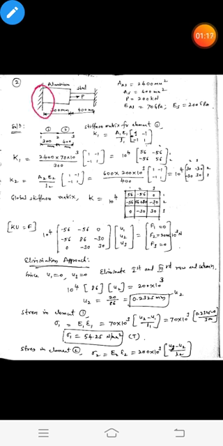Now this is node number 1, locate node number 2 here and node number 3. Likewise, we have two elements and three nodes, namely 1, 2, 3.